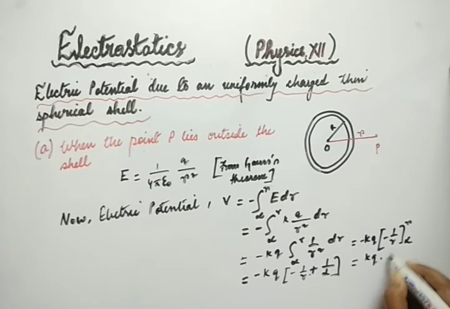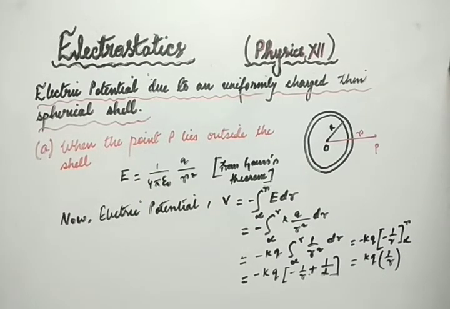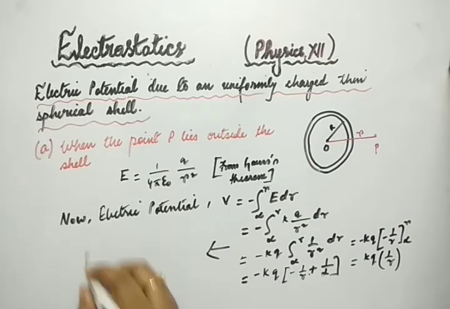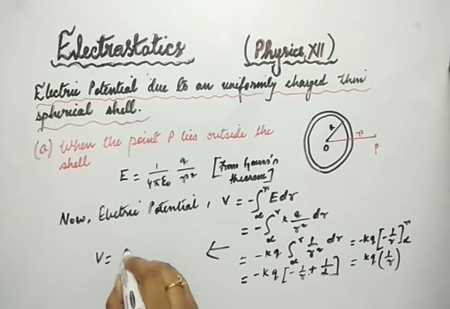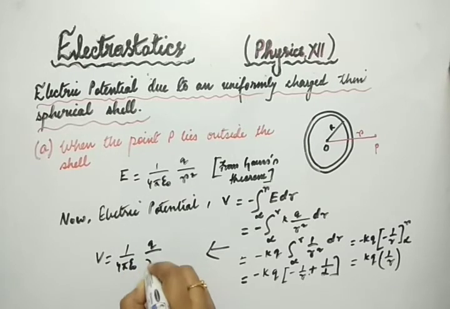So it will be KQ into 1 by r. Therefore V is 1 by 4 pi epsilon naught Q by r.